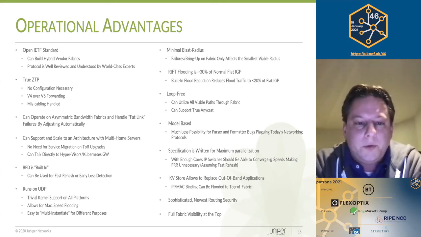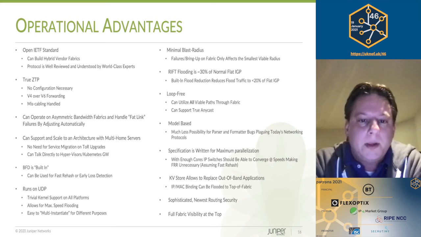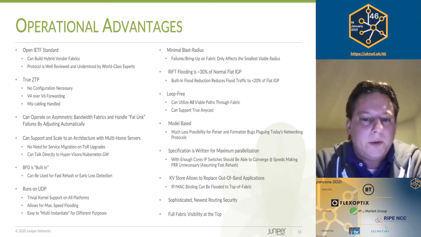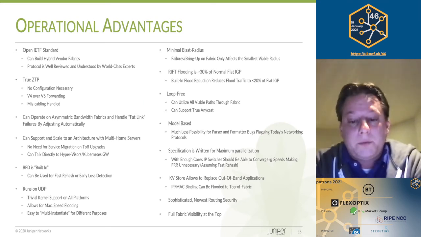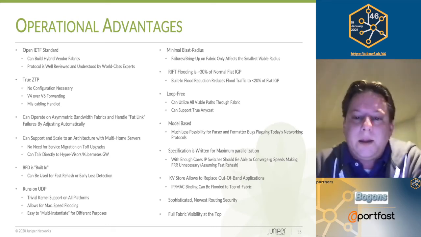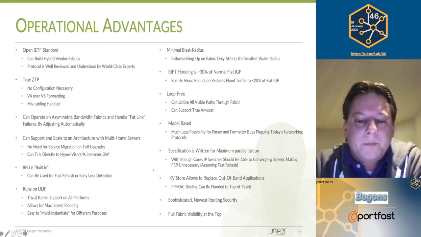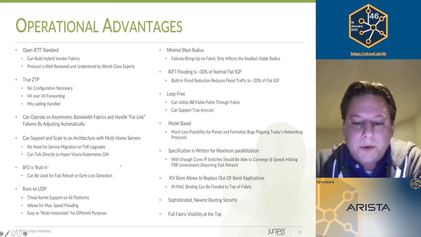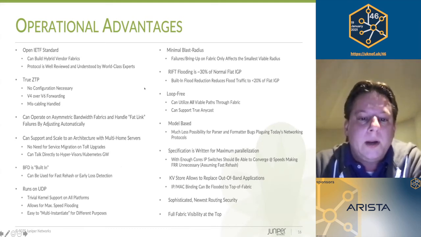So if you are into IP fabric data center routing, I would definitely advise you to take a look at Rift. And feel free to reach out to me. All the slides are available to download. There's much more information to share here. And I'll leave it there. If there's any questions for now, please let me know. Else find me on social or send me an email.